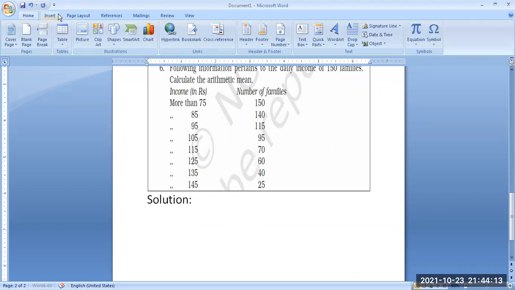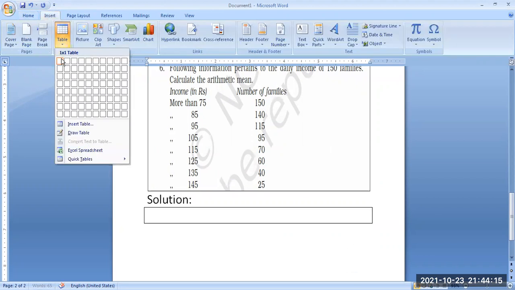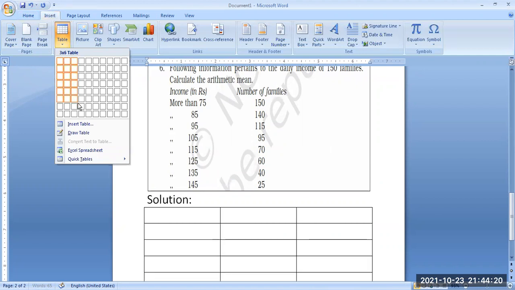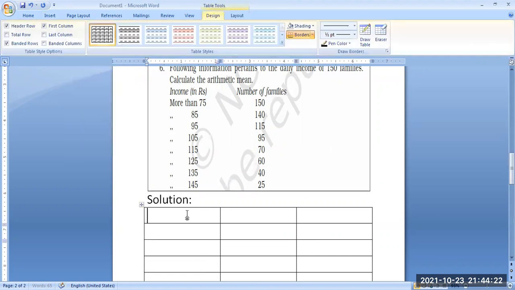Obviously, first of all, we have to insert a table. This is class, and this is the frequency.